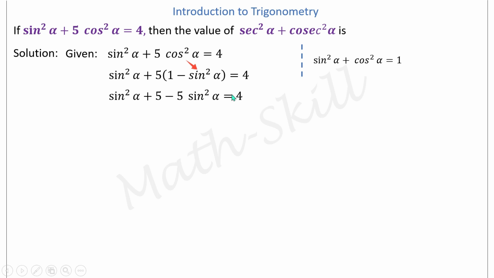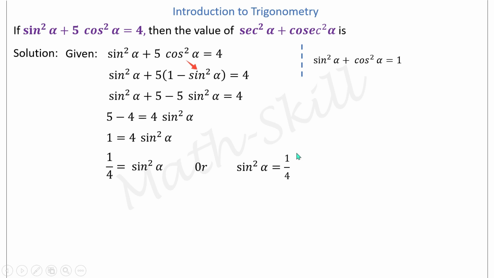So it would be 5 minus 4, is equal to 4 times sin²α. 5 minus 4 is 1, is equal to 4 times sin²α, or 1 by 4 is equal to sin²α, or sin²α is equal to 1 by 4. Since we want cosec²α, let's do a reciprocal here, that is cosec²α is equal to 4.